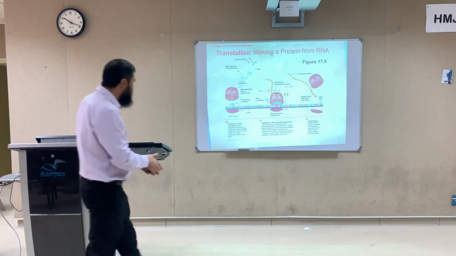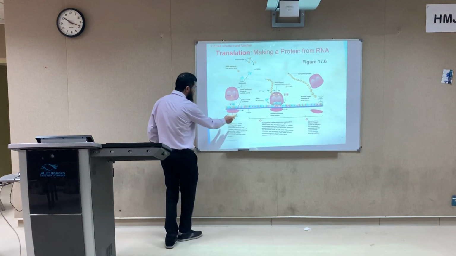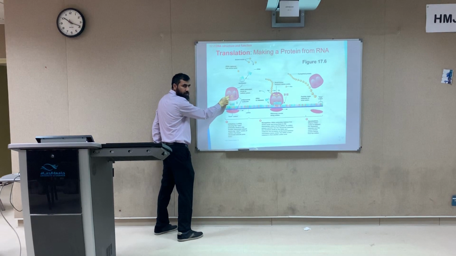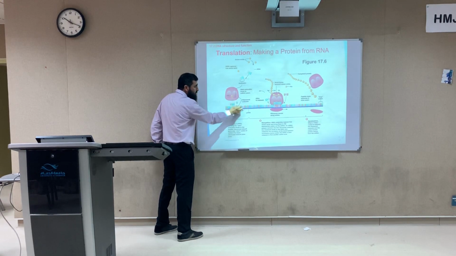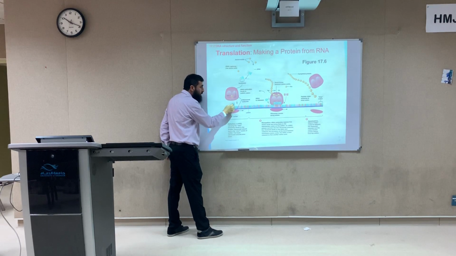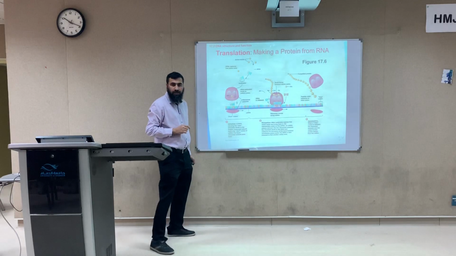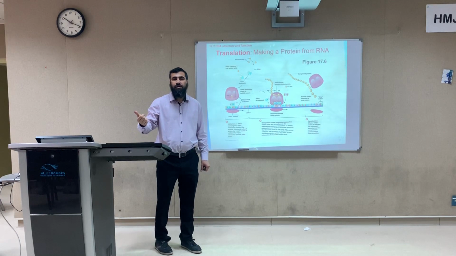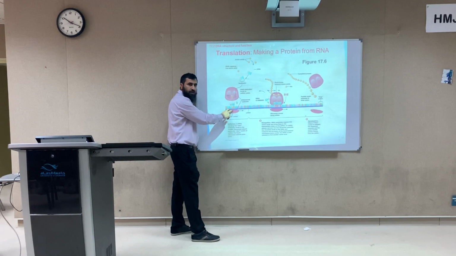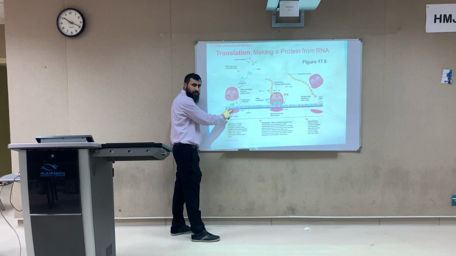So what happens is the small subunit and the initiator tRNA carrying methionine bind to the messenger RNA, and then it will scan until it finds the start codon, okay? What's the start codon? AUG. And then the large subunit binds to it as well, okay?